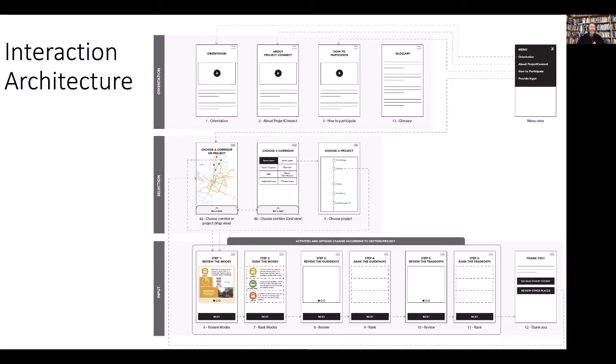Think instead about how people interact with the information and the input opportunities, and design an architecture. Don't worry about the wireframes, that will come later, but get the information architecture right.